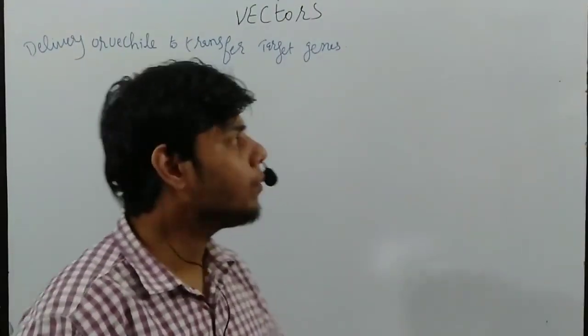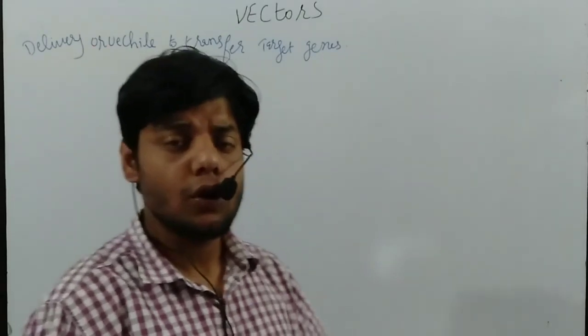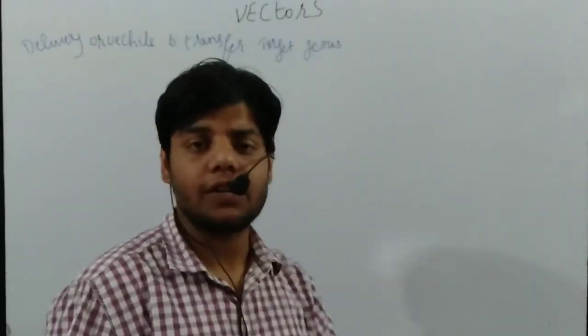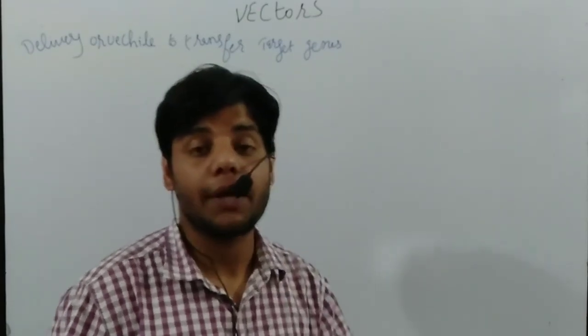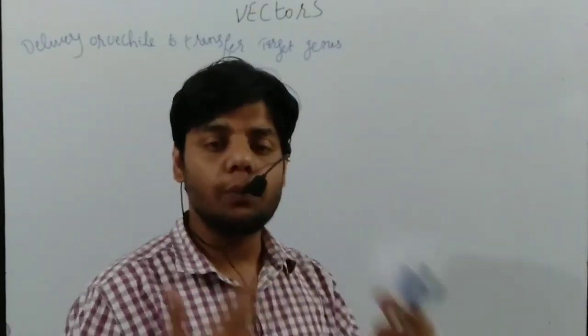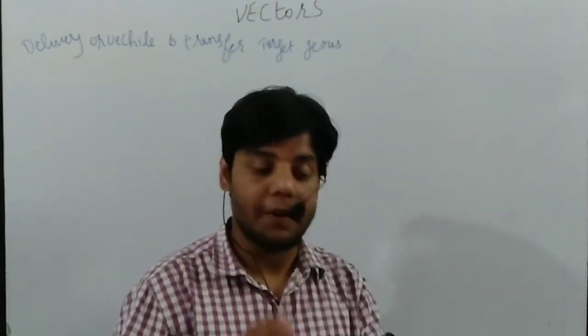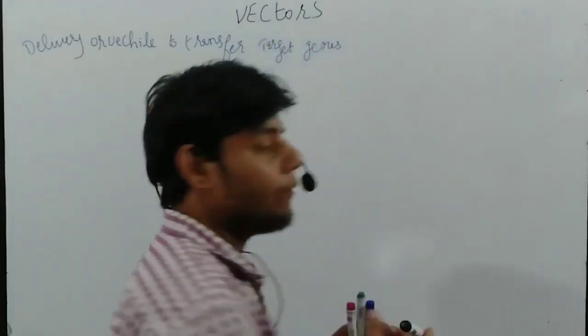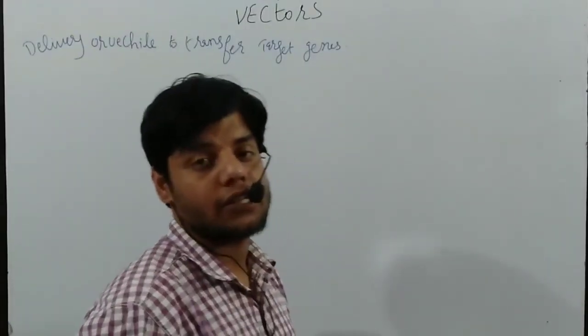Now whenever we want to explain what vectors actually are, for the identification of a vector we need to understand the basic properties of vectors. A genome should be called a vector when it has basic properties: an origin of replication, a multiple cloning site, and selectable markers.